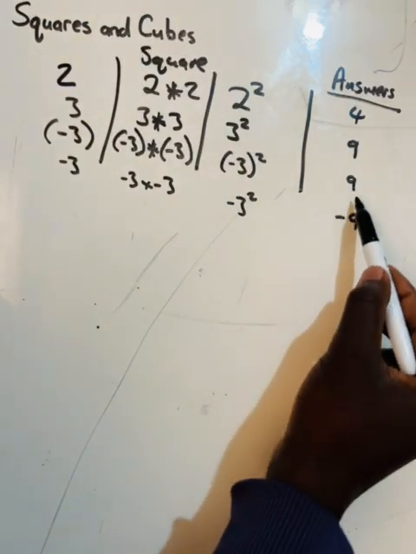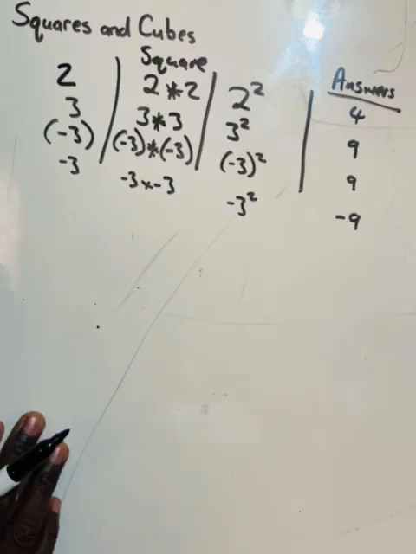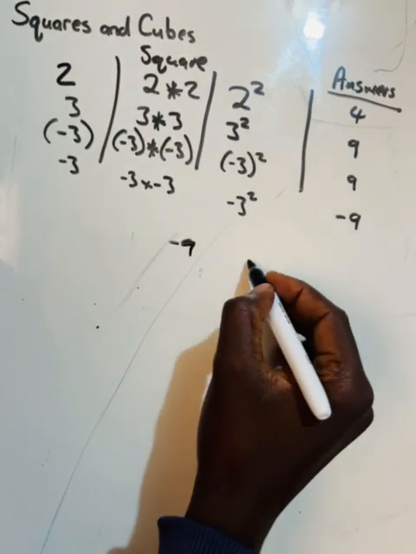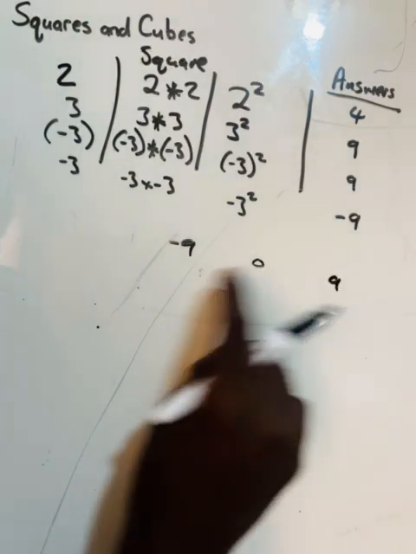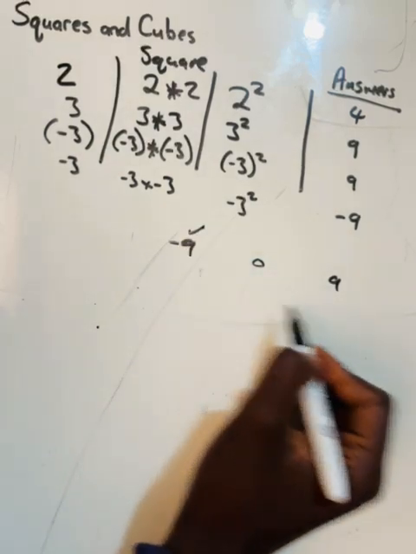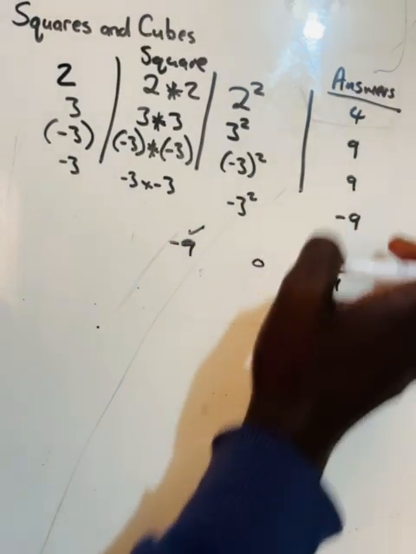Remember, positive 9 and negative 9 on a number line are not in the same position. Negative 9 is on the left side of the number line. We have our neutral number, which is 0, and then we have positive 9 on the other side, right? So negative 9 is located here, positive 9 is located there. So they are not identical numbers.